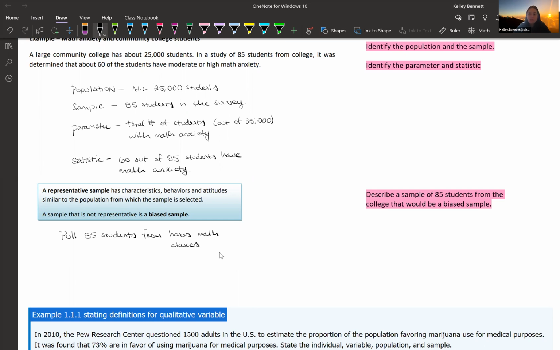Well, I don't think that's a representative sample because most students at this college aren't in your honors math classes. Moreover, those people in the honors math classes likely suffer less from math anxiety. They probably have a lot of confidence. They've done well historically, they're continuing to do well, and they're less likely to be hindered by math anxiety issues. So this is a biased sample.